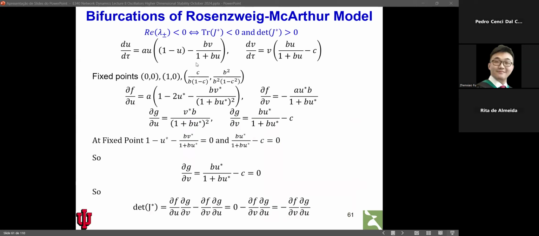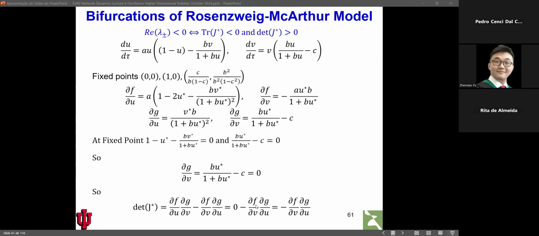And if now the real parts are less than 0 and these are less than 0 and larger than 0, then you have this fixed point, and so you calculate dg/dv.